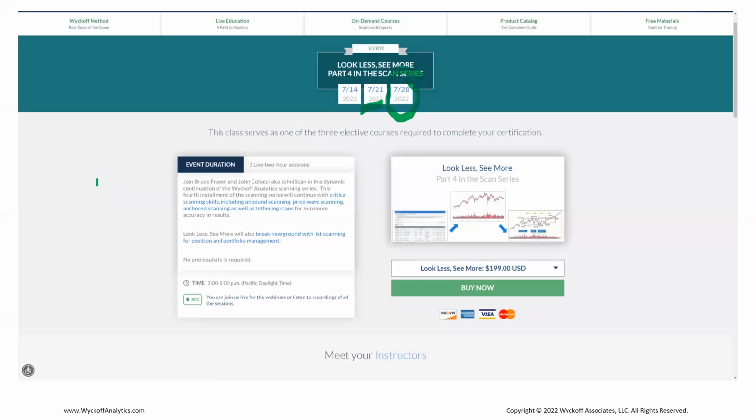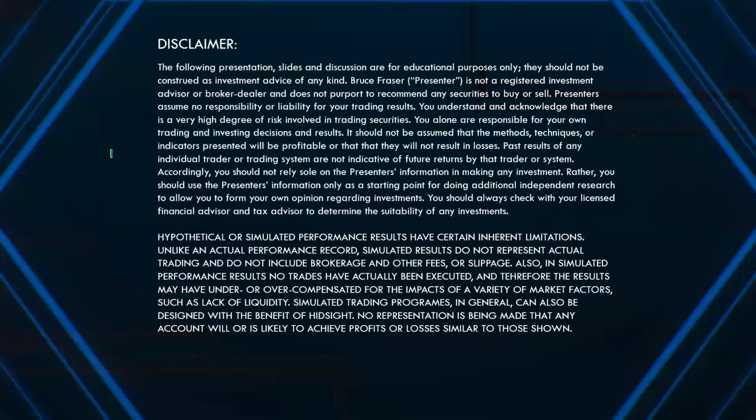And the beauty of it is as you get better at scanning, you're going to be able to circle back into this workshop and go into the more advanced concepts and further cement those into your scanning practice. So it's just a wonderful session.